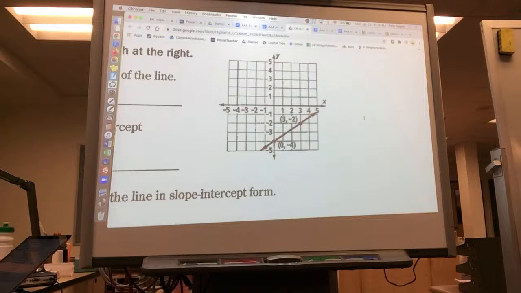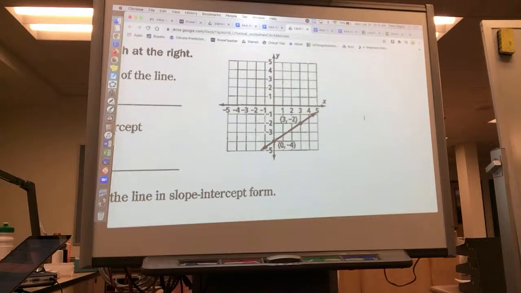So what should we write for the y's? Three is an x value. -2 subtract a -4. And then what are you going to do with the x's? 3 minus 0.